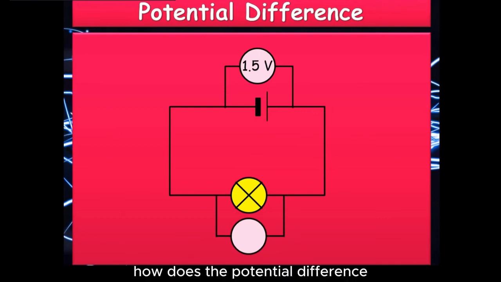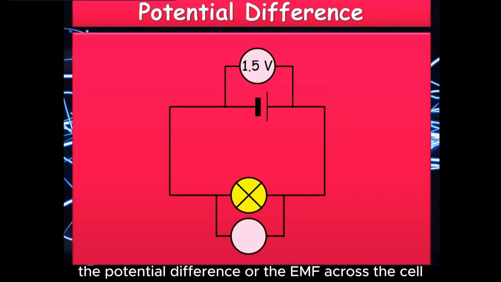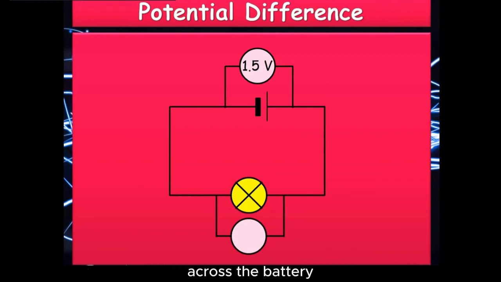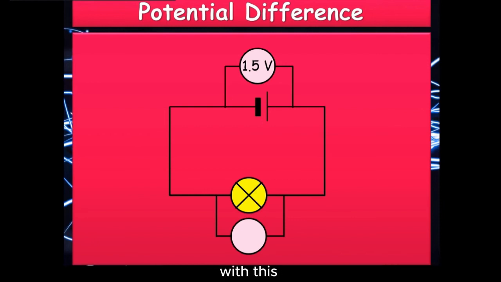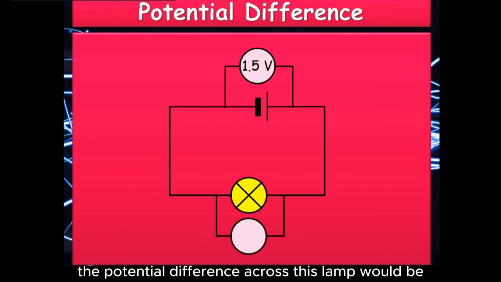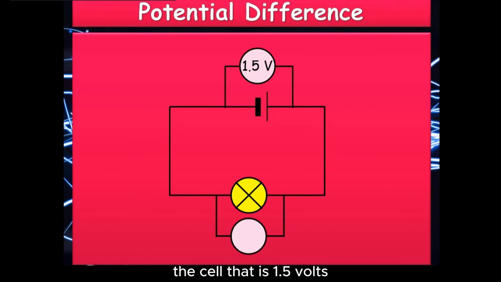So how does the potential difference behave in circuits? Say in this circuit, we have 1.5 volts, the EMF of the cell. If we have just one lamp connected with this cell, the potential difference across this lamp would be equal to the potential difference across the cell, that is 1.5 volts.